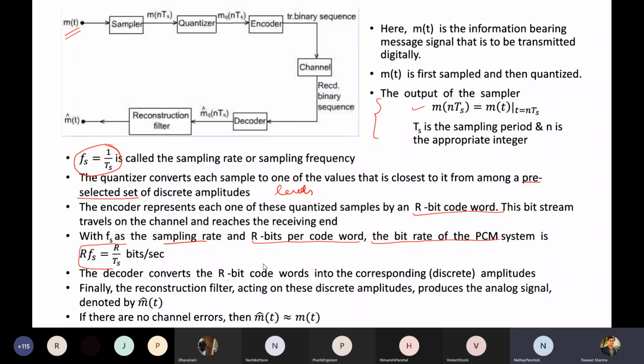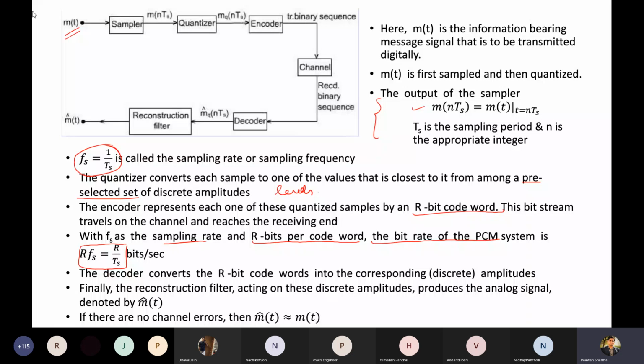Then at the receiving side, you have the decoder. It converts this R-bit code word into the corresponding discrete amplitude values, the quantized values, and then you use a special filter called the reconstruction filter, which gives you an estimate of your original signal. You can see this cap signal, m cap(t).